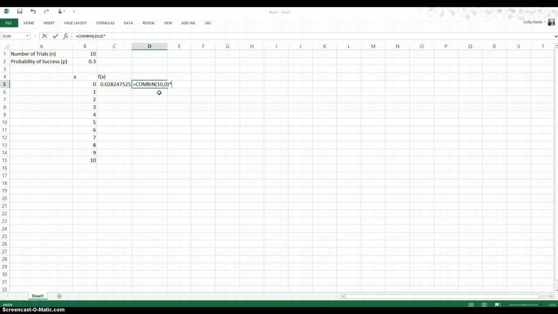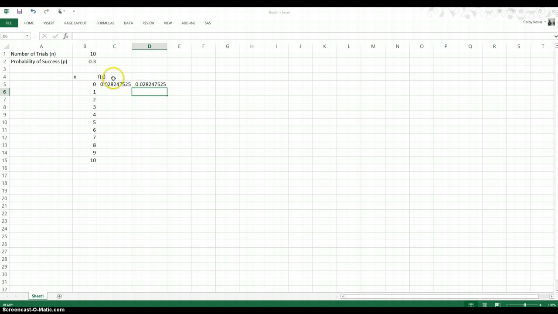And then we multiply that by our success probability, 0.3, to the power of how many successes we want, which is 0, times our failure rate, 0.7, to the power of how many failures we want, which is 10. If we have 0 successes, we have 10 failures. And I hit enter, and you'll notice those are the same.